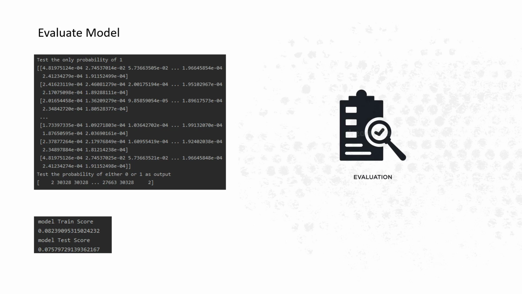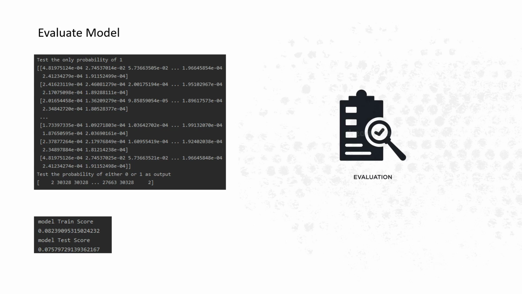We predict our model with actual train data. Test the only probability of one. It's the test proba, and the test the probability of either 0 or 1 as output is actually our train data.